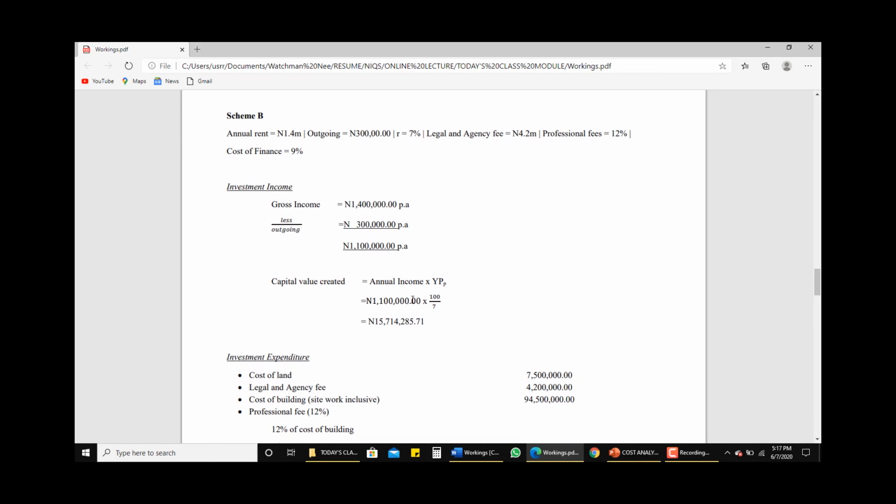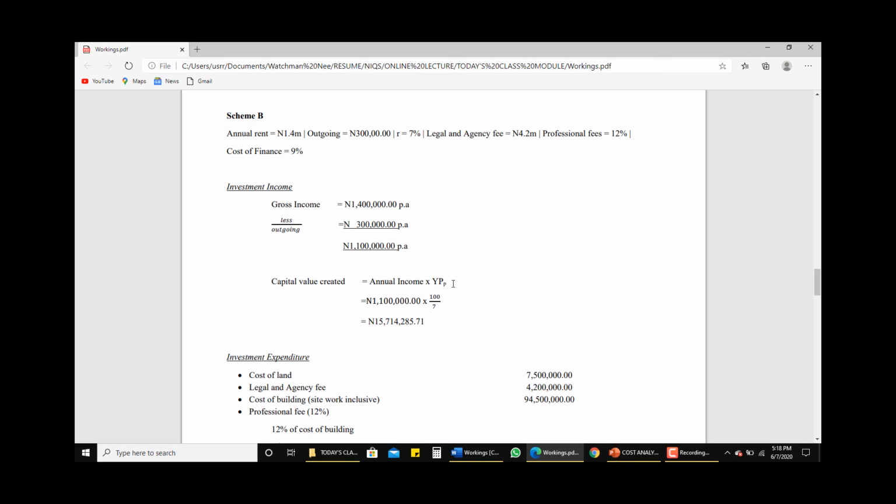So what we do next is to multiply our net income by what we call year purchase in perpetuity. Now, this year purchase in perpetuity has taken care of the number of years before the project will be disposed.